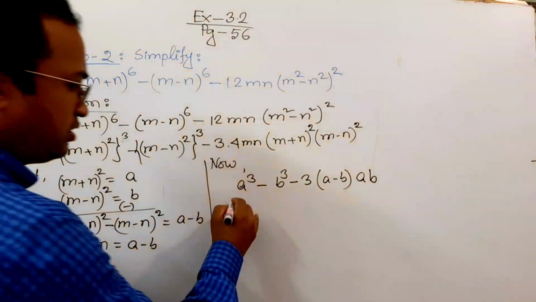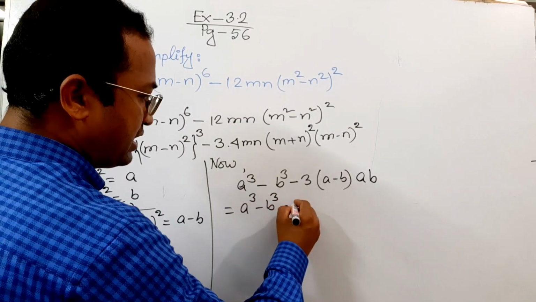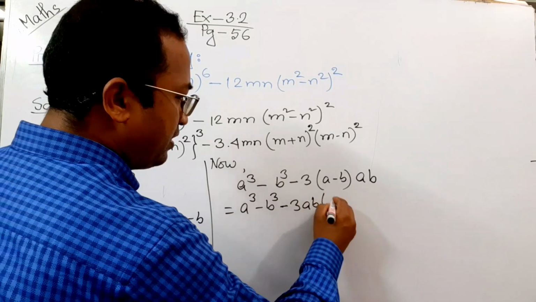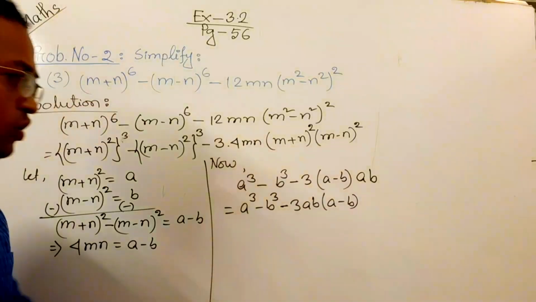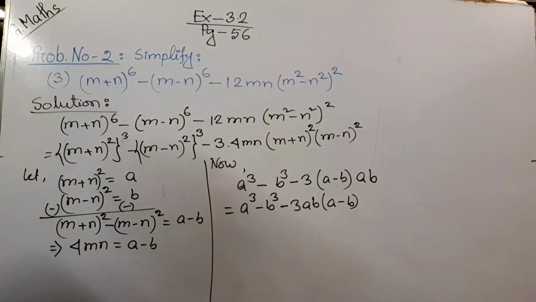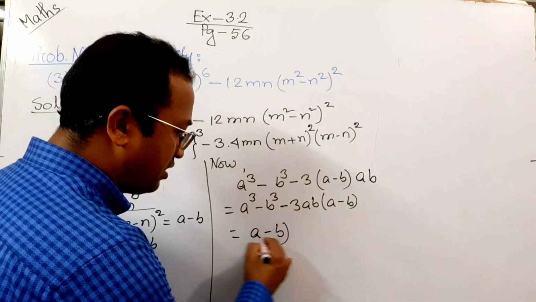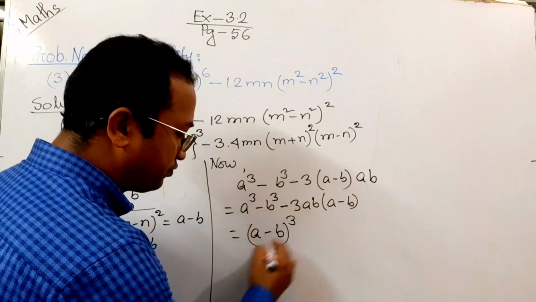Just arrange it, it will be a cube minus b cube minus 3ab into (a minus b). Look at this expression. Actually, this is the formula of (a minus b) whole cube. So we can write (a minus b) whole cube over there.